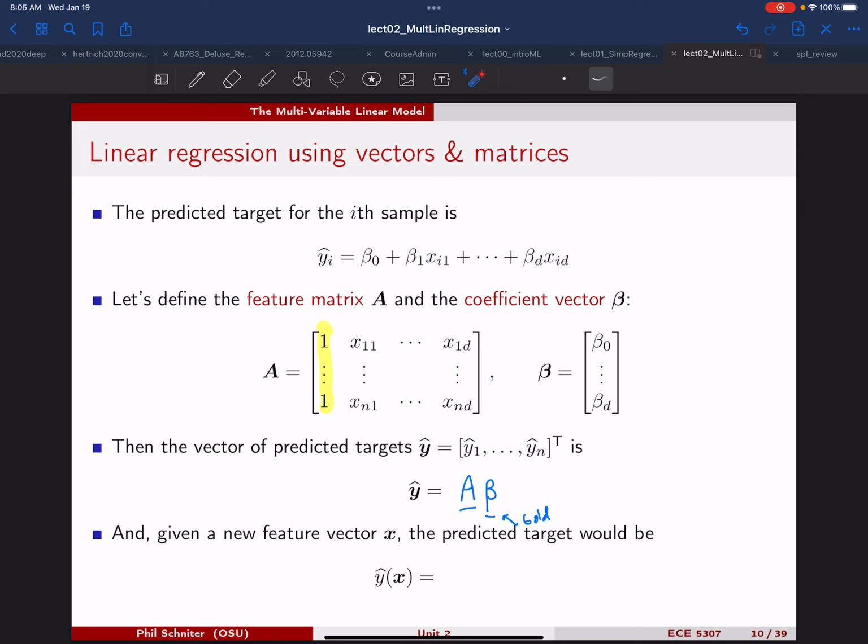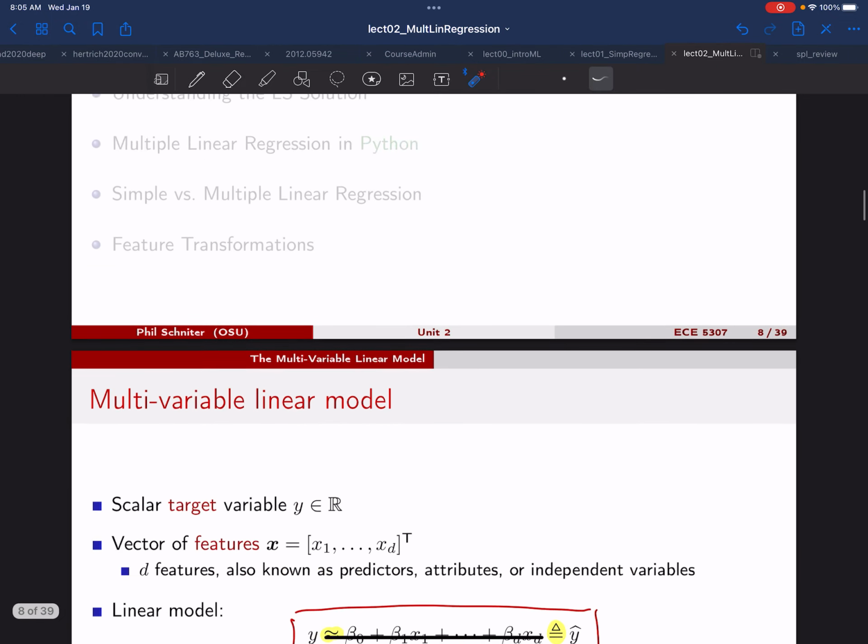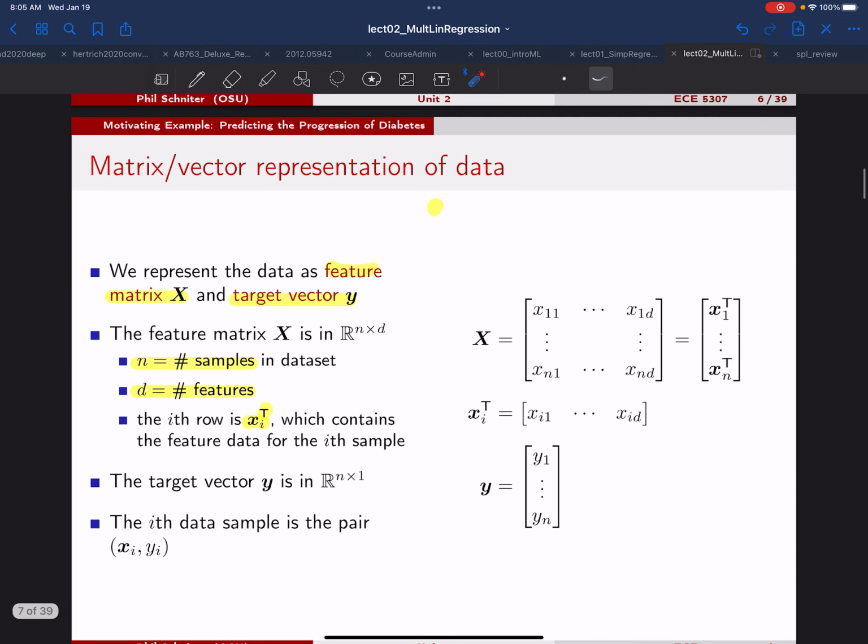Question on the matrix itself. We defined X as a vector from x1 to xd. So what exactly is x11 in that case? Okay, remember that there's sort of two dimensions to X. The full X would be a matrix.